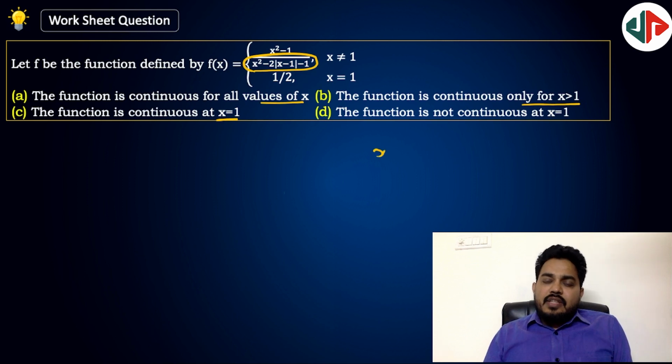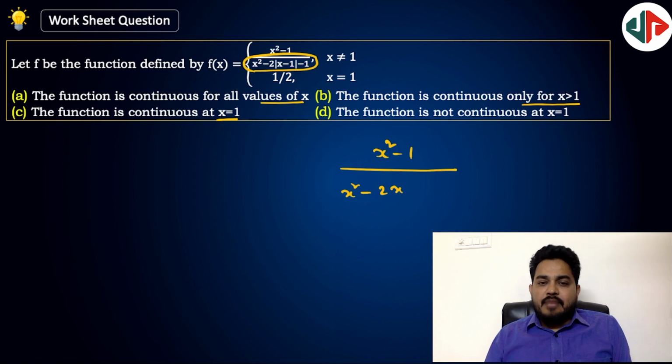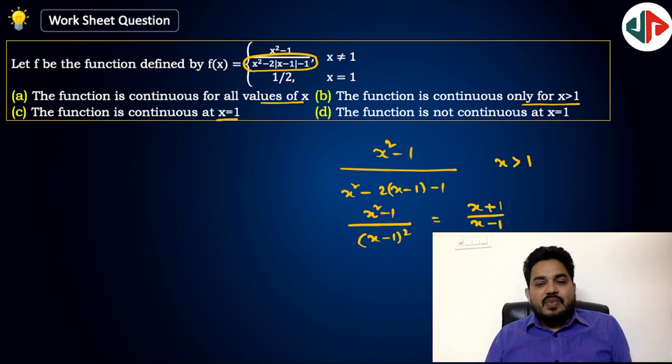This question is x square minus 1 by x square minus 2x minus 2 times of x minus 1 minus 1. This is x greater than 1. So what you are going to get? X square minus 1 by x square minus 2x, so x minus 1 whole square, which is equal to x plus 1 by x minus 1, where x is greater than 1.